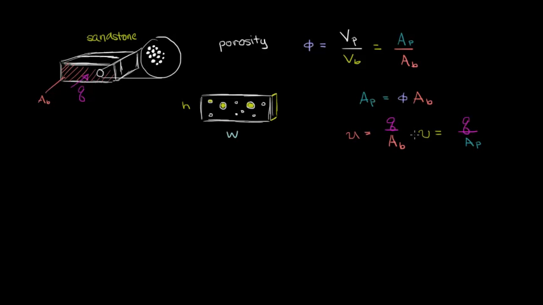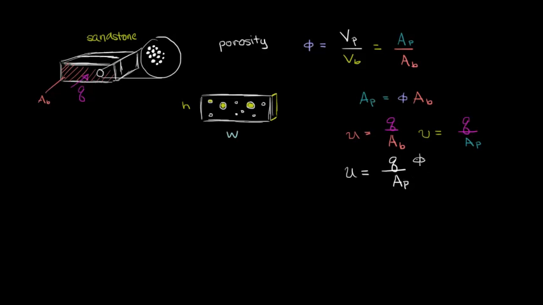Well, first of all, we can relate a sub b to phi and a sub p, so we can write that u is going to be equal to q divided by a sub b, which would be the same thing as a sub p divided by phi. So that would be the same thing as multiplying by phi and dividing by a sub p.